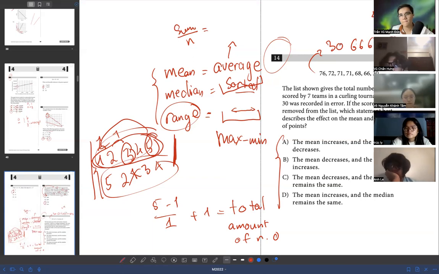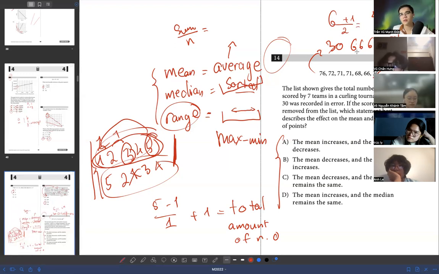The 71. All right, 71 is the median. Let's see if I take out 30. I will still have 6, so plus 1 divided by 2.